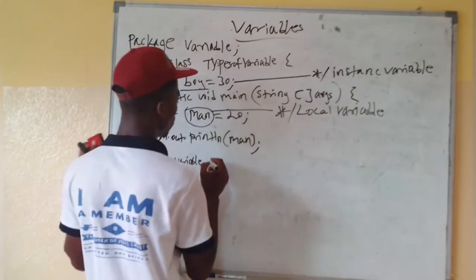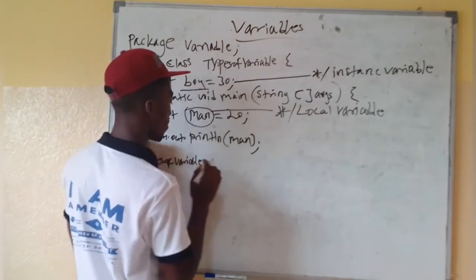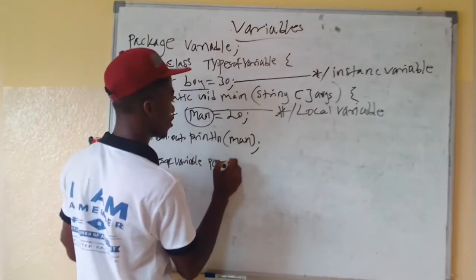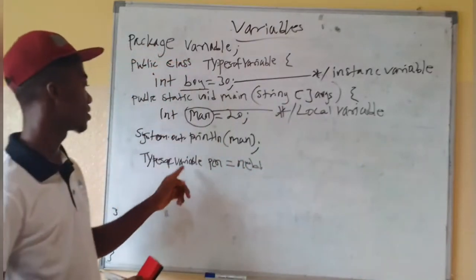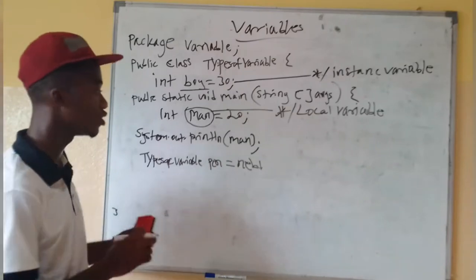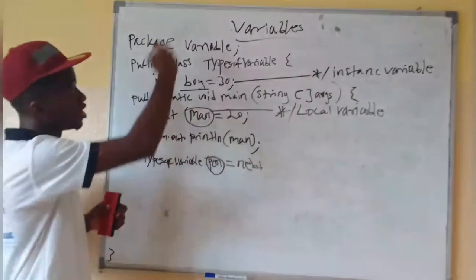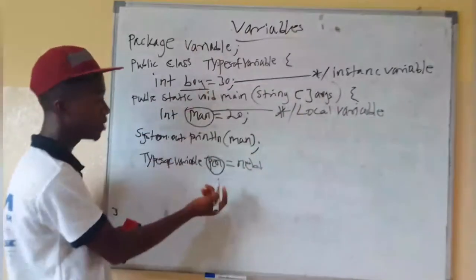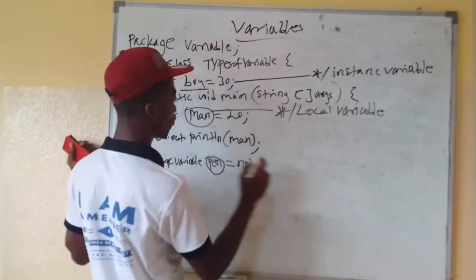Let me create a new word here called pen equals new types of variable. Then this is a new keyword I'm going to use, pen. You can see pen has not been used within this particular statement throughout. So pen now is our new keyword I'm going to use. So equals new types of what?